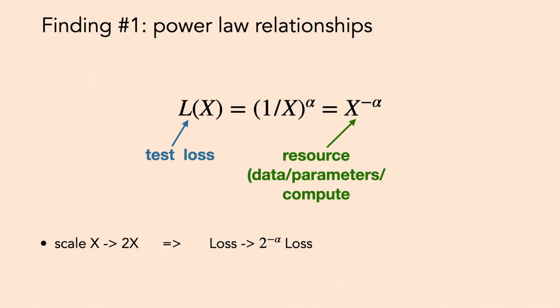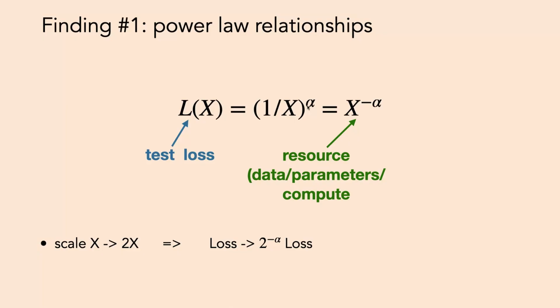Okay, so the main finding of this paper is that there is a power law relationship between the test loss and the resources, either the number of parameters or the number of data points. Resource X, again, could be data or parameters, or even compute. And test loss are related by this type of power law, which is 1 over the resource value to the alpha exponent.